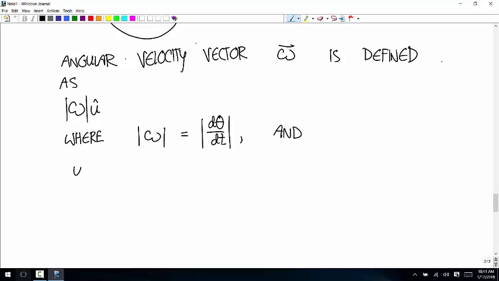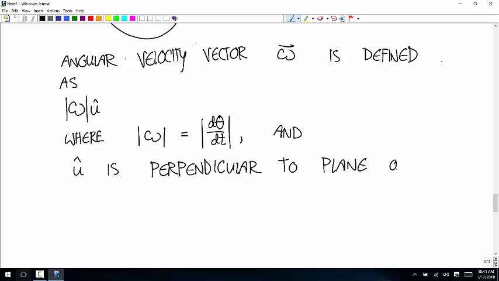And u is perpendicular to the plane of the circle according to the right-hand rule.